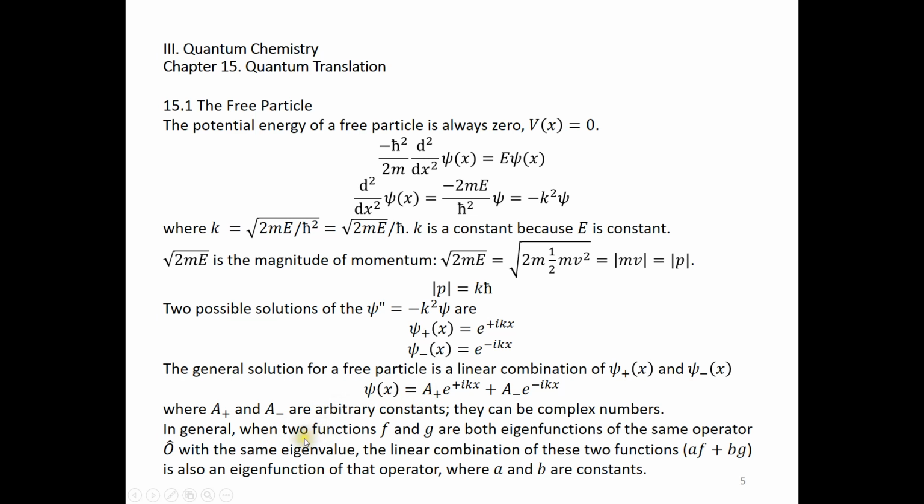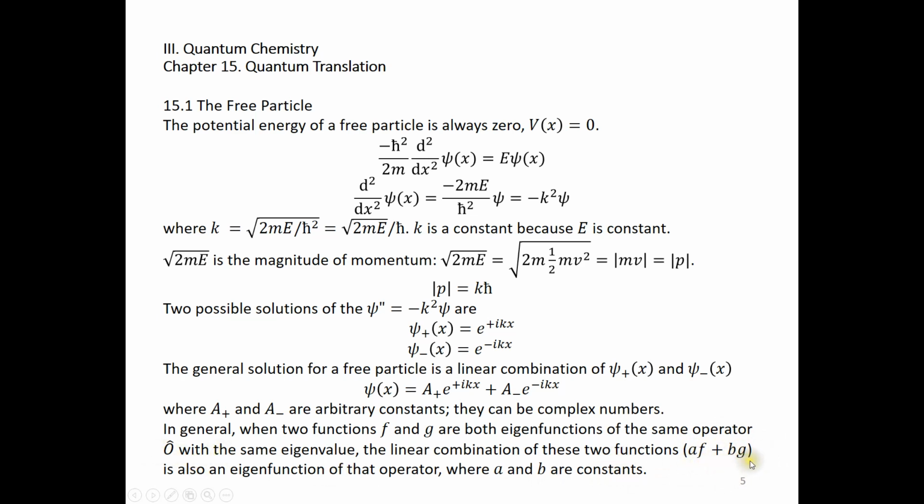In general, if two functions f and g are both eigenfunctions of the same operator O with the same eigenvalue, then the linear combination of these two functions, that means a coefficient times f plus a coefficient times g, is also an eigenfunction of that operator, and a and b can be any constant. So over here we provide a linear combination of two eigenfunctions for the same operator, and they have the same eigenvalue.